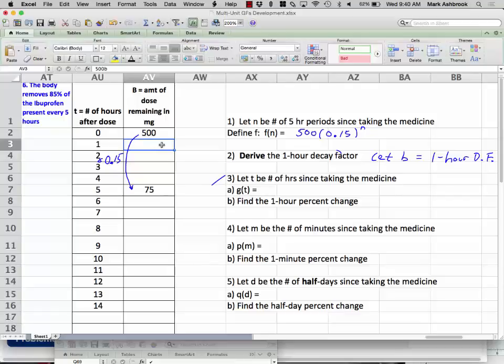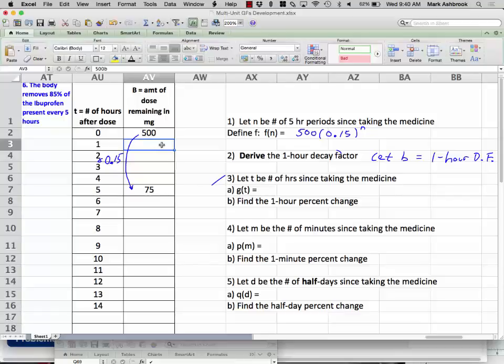Okay, what does B mean? If it's the 1-hour decay factor, what does it mean? At some point, if you're going to understand exponential functions, you've got to know how to describe a decay factor.